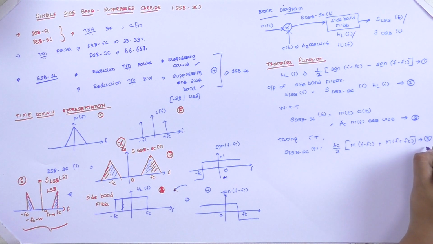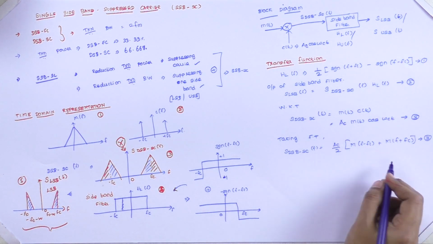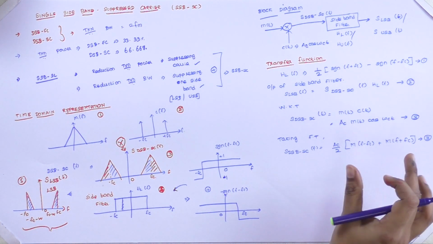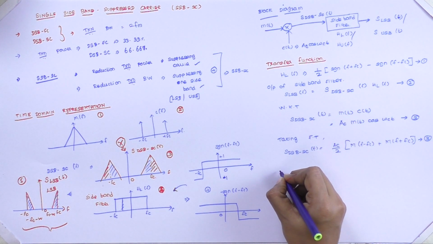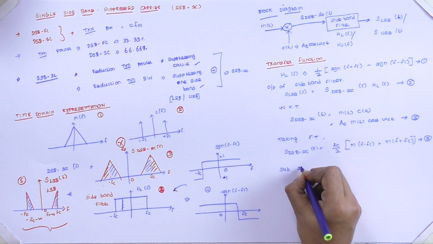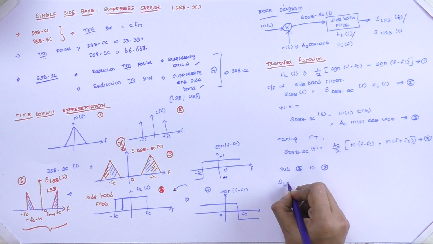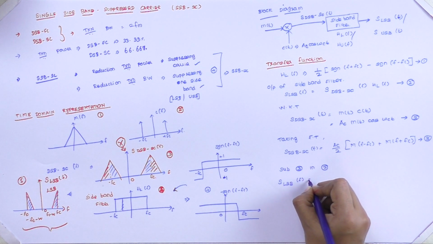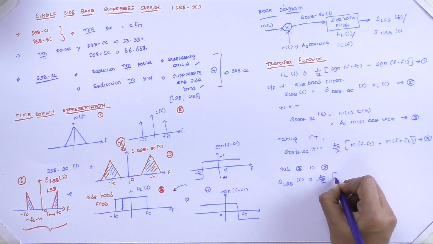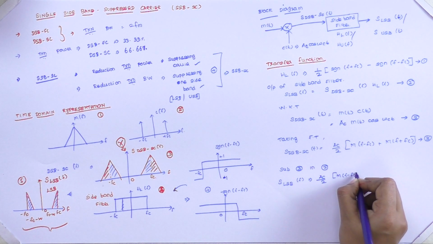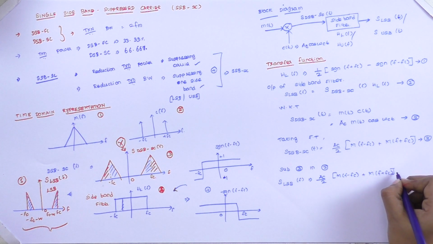We are taking this as equation number 3 because all of 1, 2 and 3 are in frequency domain representation form. Therefore, we have to substitute equation number 3 in equation number 2. After substituting, the spectrum of the single sideband suppressed carrier is given by Ac by 2 into M of f minus fc plus M of f plus fc.